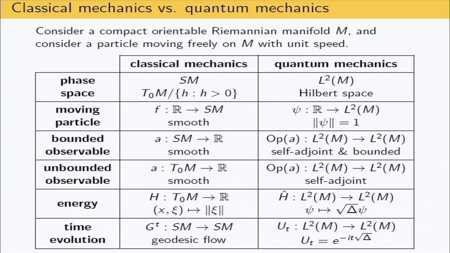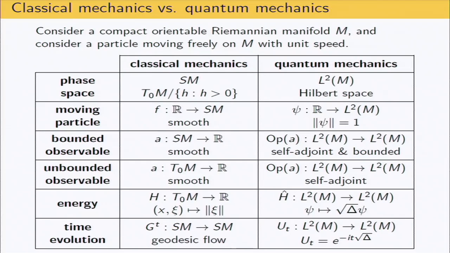Another extreme is when A doesn't depend on position, it only depends on the momentum. Well, that doesn't make much sense on SM as a whole, but if you take a chart on M on which you can locally trivialize the tangent bundle, then you can think of the corresponding piece of the unit tangent bundle as a product of a chart and R^d times R^d for the tangent bundle part.